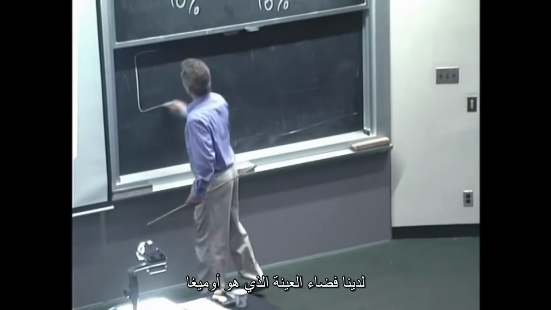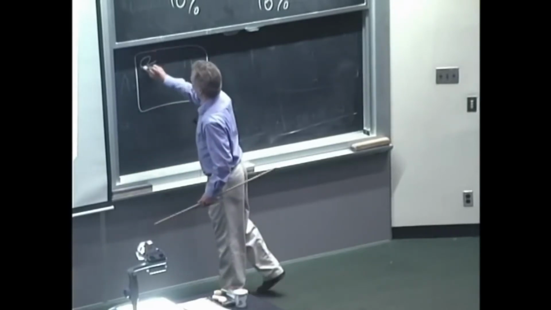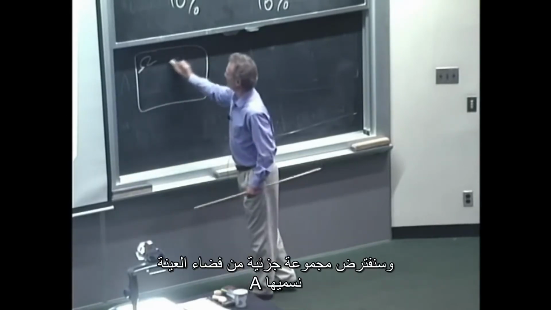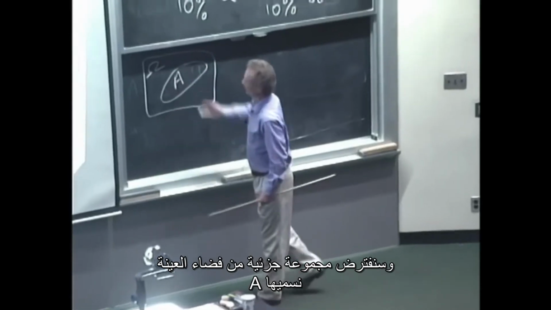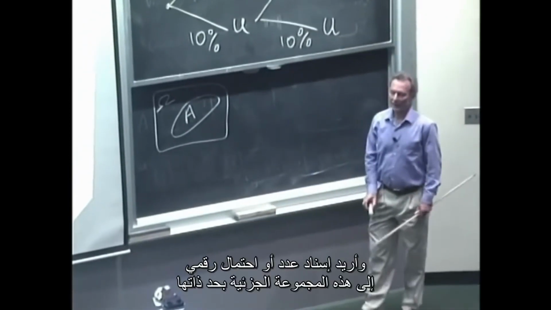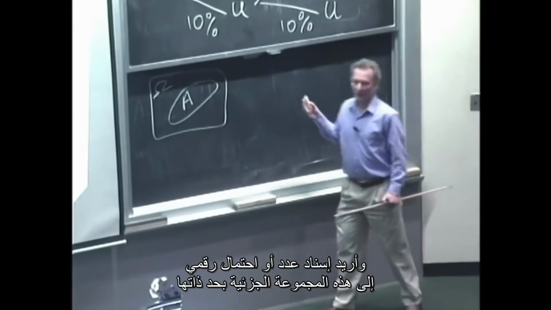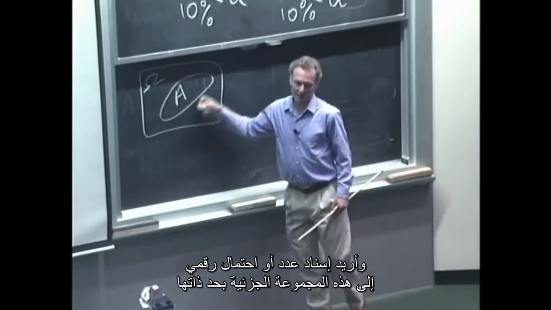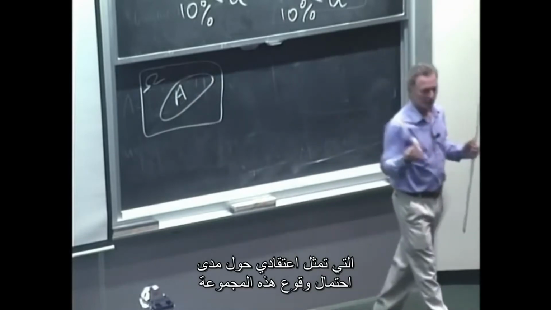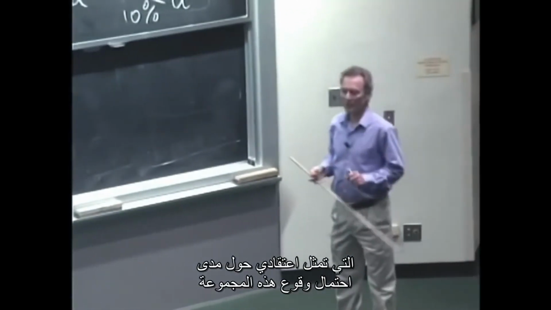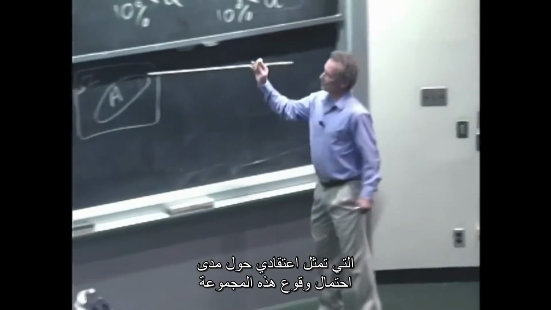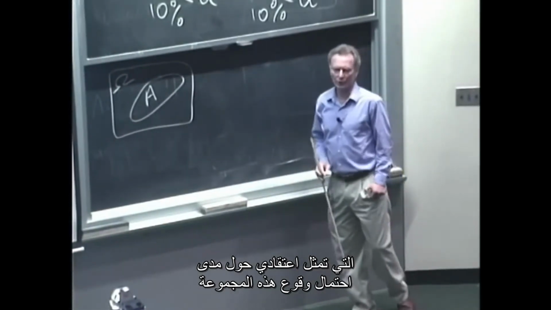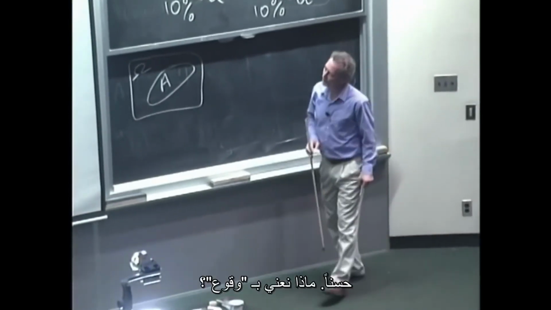We have our sample space, which is omega, and we consider some subset of the sample space, call it A, and I want to assign a numerical probability to this particular subset, which represents my belief about how likely this set is to occur.